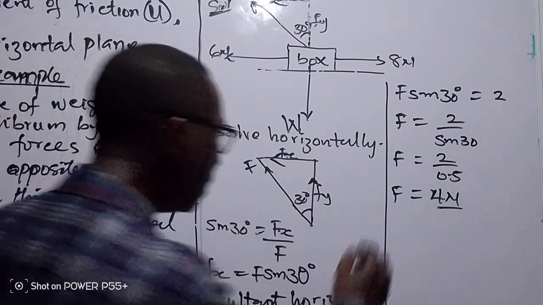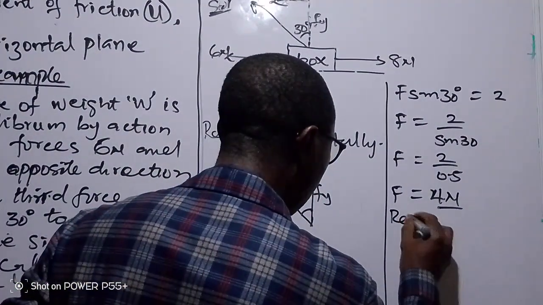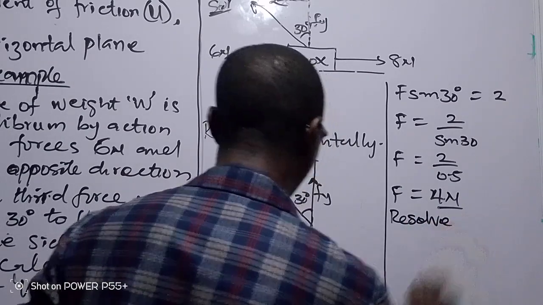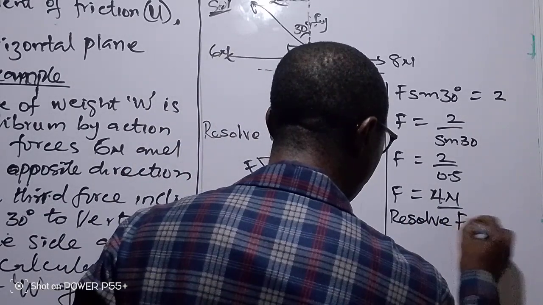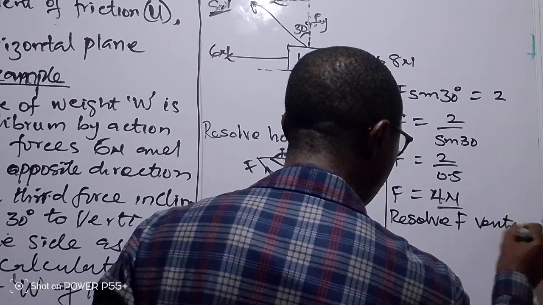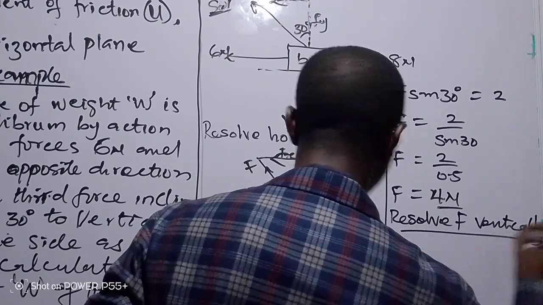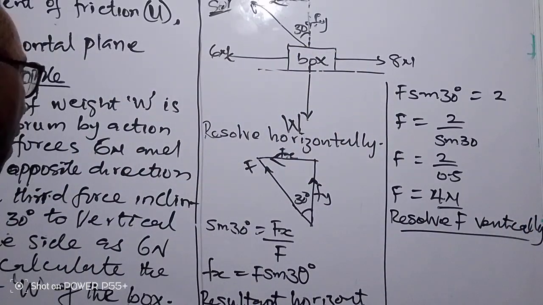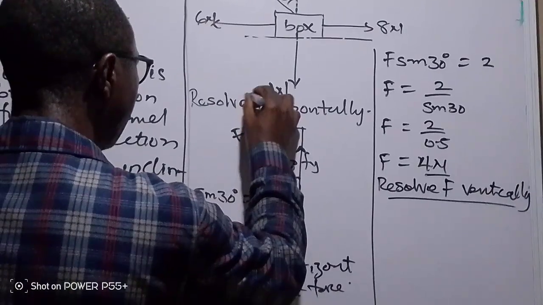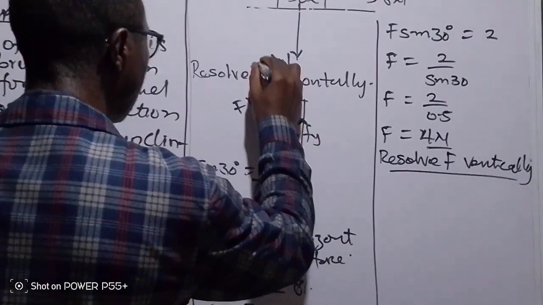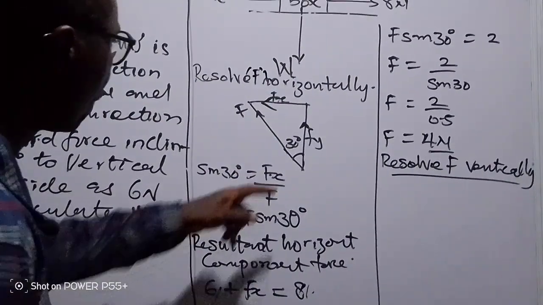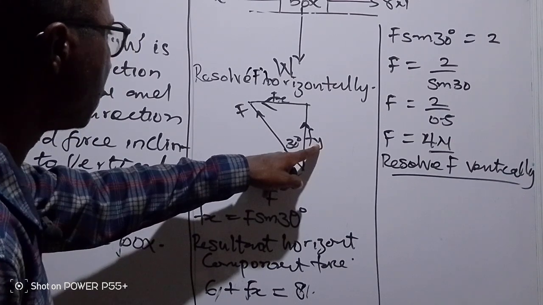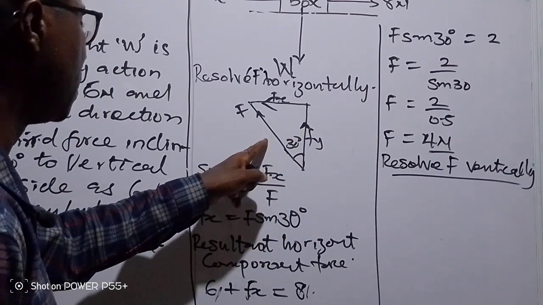Now say resolve F vertically. If we resolve F vertically as we resolved F horizontally here, then this plane will be adjacent, while this plane will be hypotenuse.